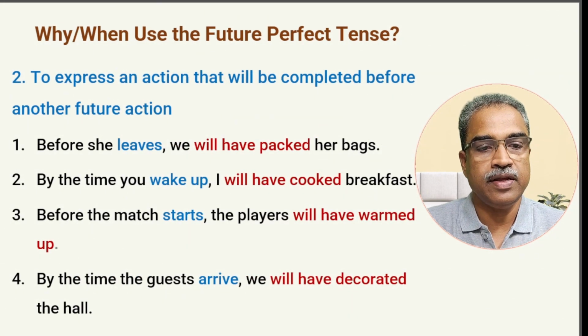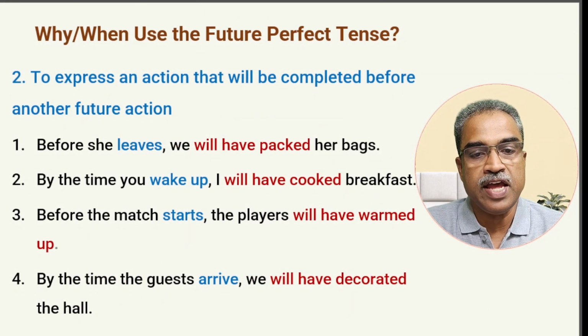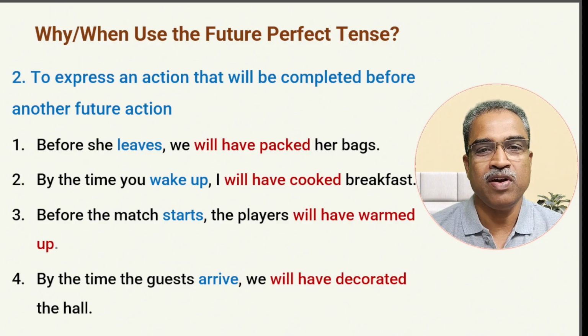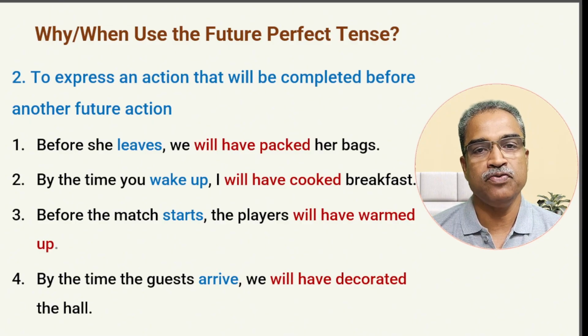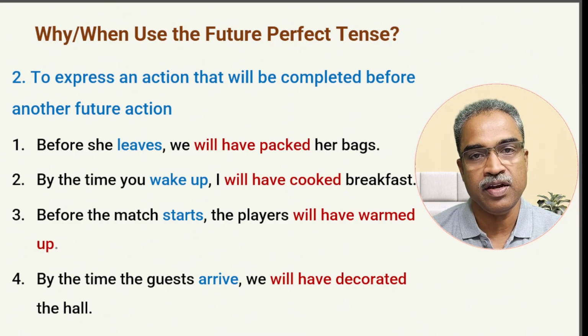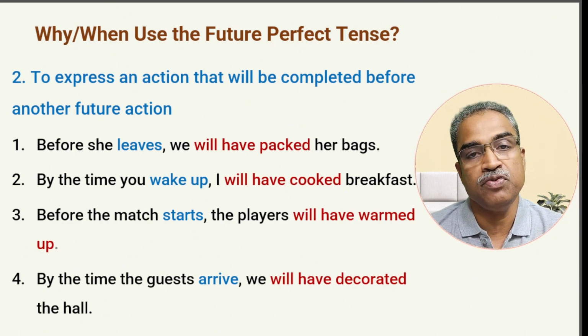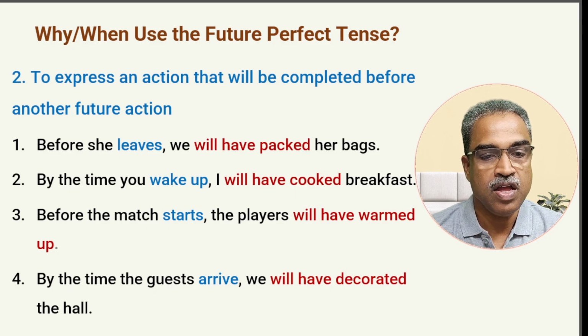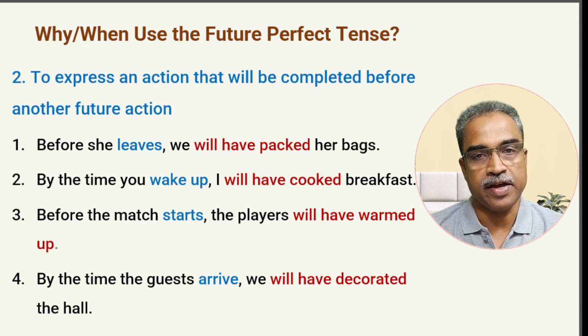Now, let's see the other things. To express an action that will be completed before another future action. Same thing, but one is before a deadline, before a specific time, and in the second one, before another future action. So, before she leaves, we will have packed her bags.